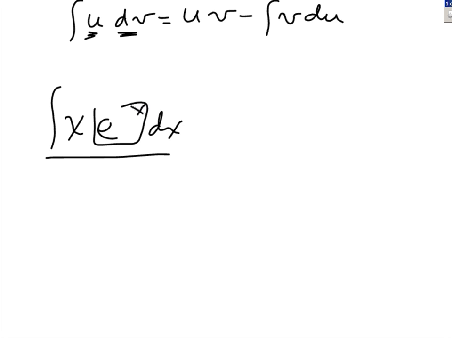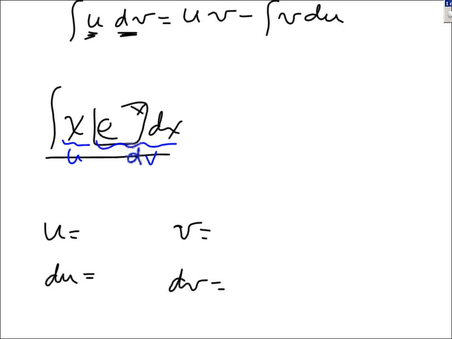I'm going to call x u, and what's left over, dv. So I'm going to need u, I'm going to need du, I'm going to need dv, and I'm going to need v. I need 4 of them. I definitely need u and v.